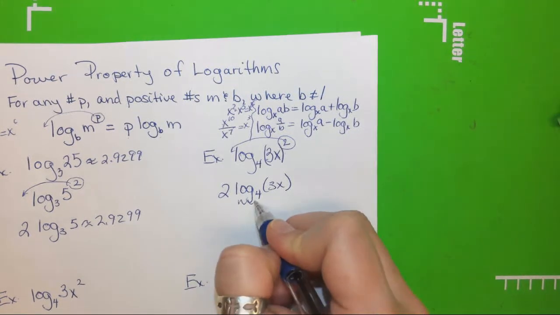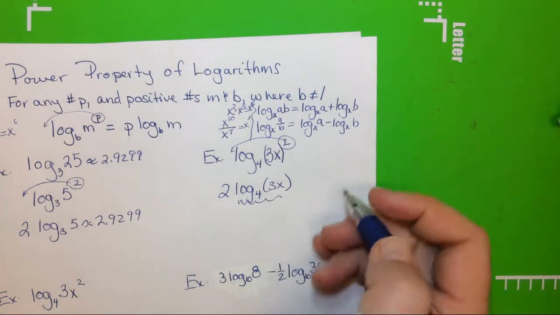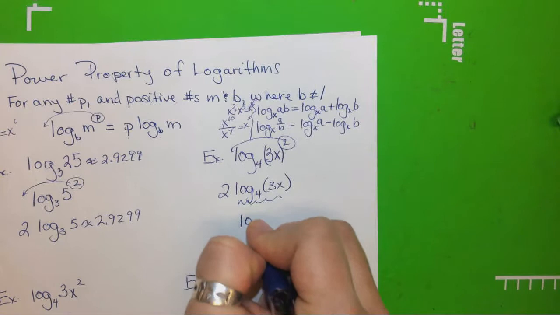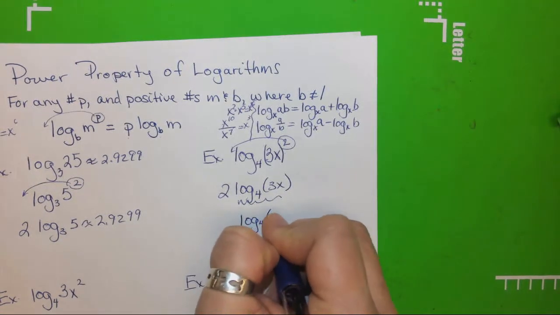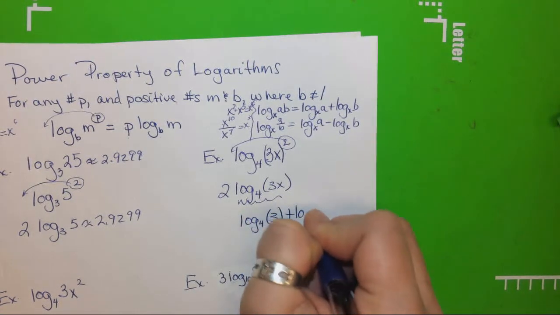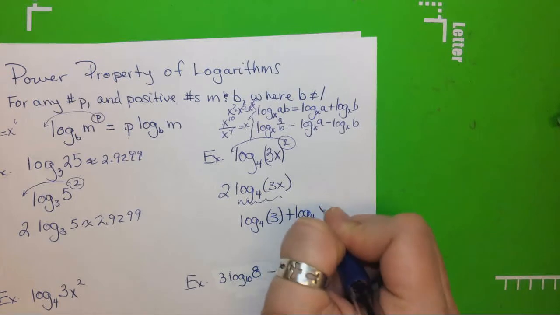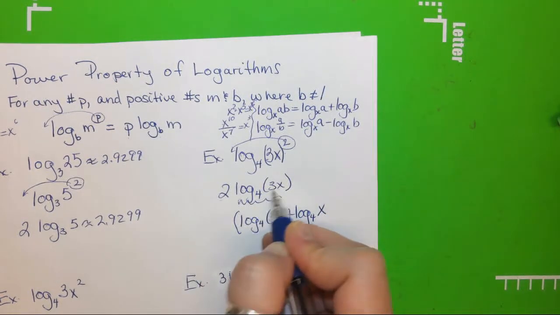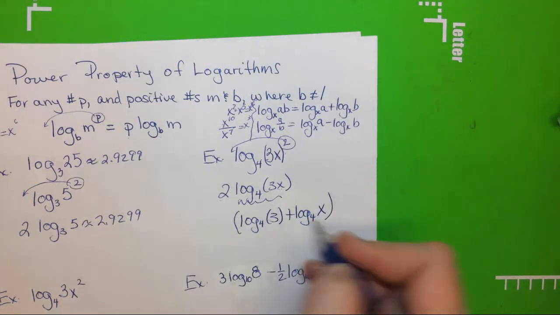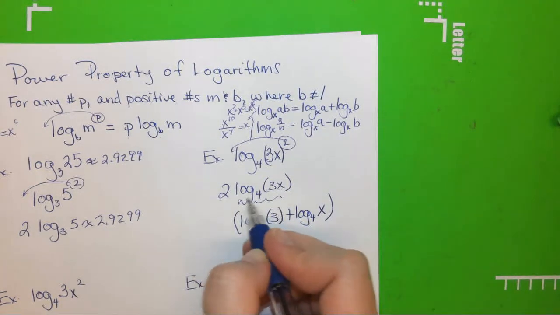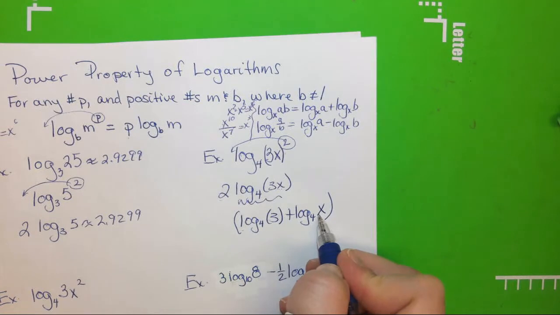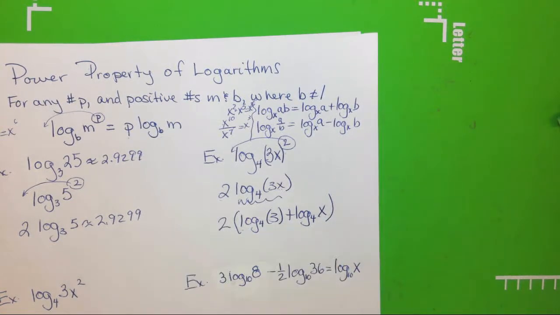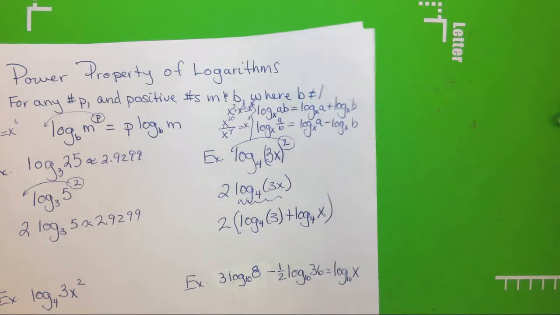We can, because this part is equal to log base 4 of 3 plus log base 4 of x. Now, we need parentheses because we are doubling what this whole thing is equal to. We have to have parentheses. So that's how you would expand it.